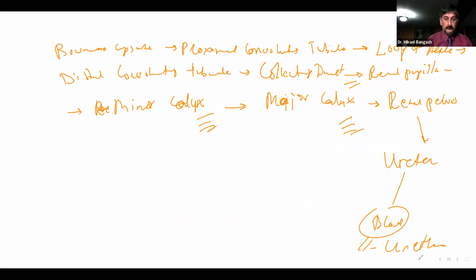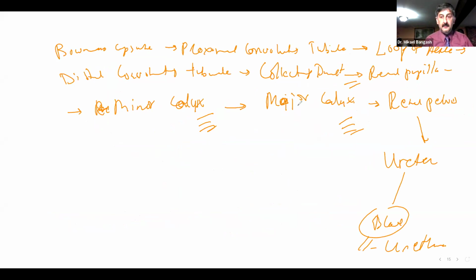Your tubular system, for instance: Bowman's capsule, proximal convoluted tubule, loop of Henle, distal convoluted tubule, collecting duct. The collecting duct meets a renal papilla. From the renal papillae, we have a lot of minor calyces. A lot of minor calyces join to form the major calyces.